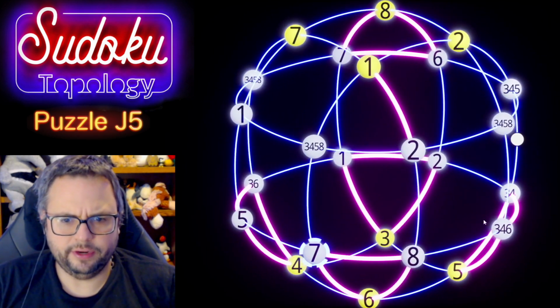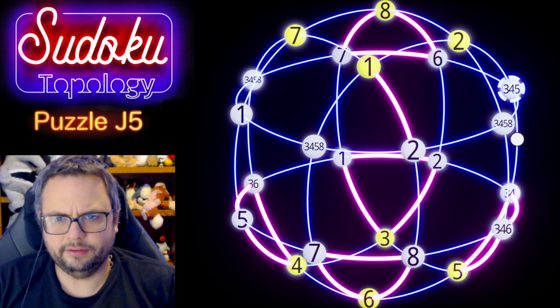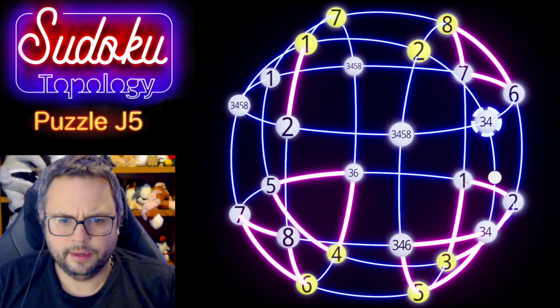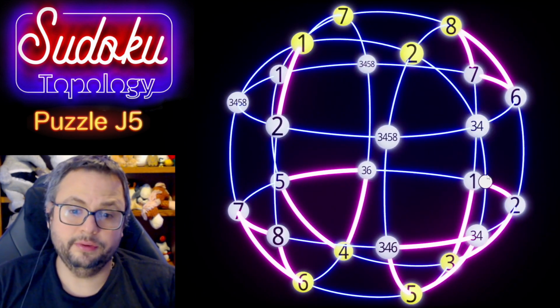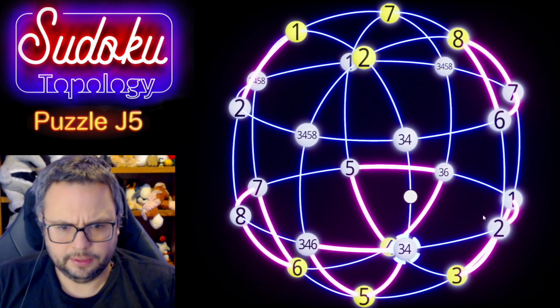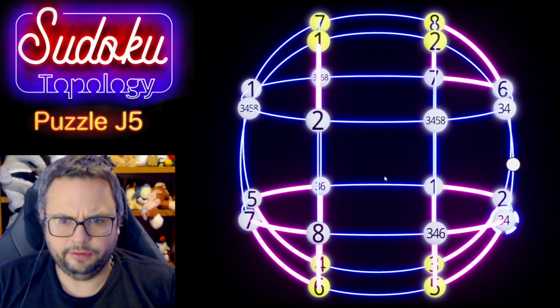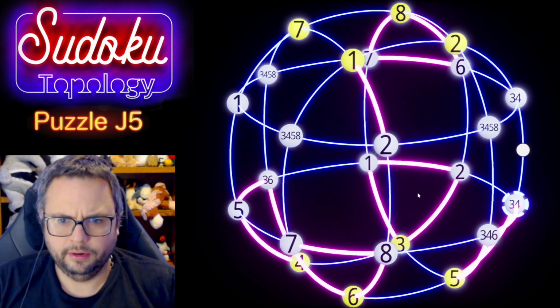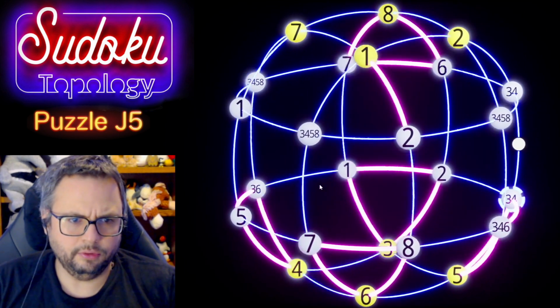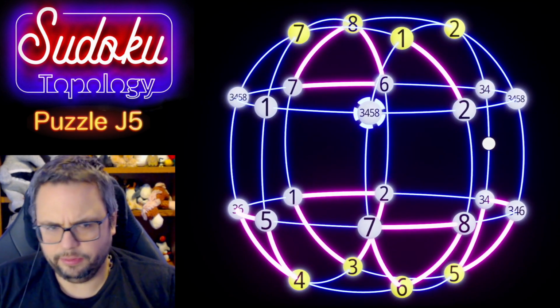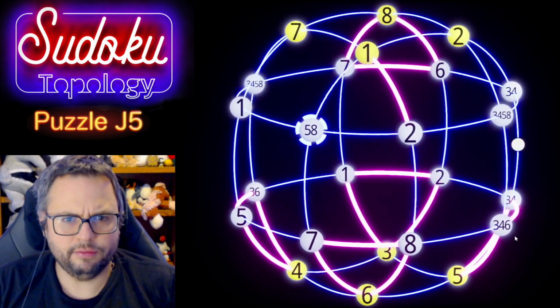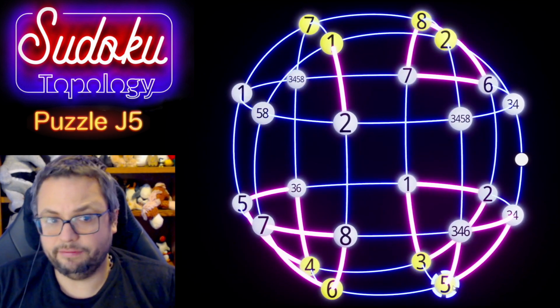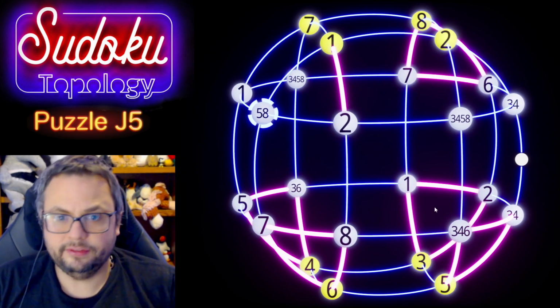Okay, so this region has a 5 now, so that's not 5. So these are a 3-4 pair. And so that 3-4 pair looks around the circle at this cell, which now can't be a 3 or a 4, so it's a 5 or an 8. Oh, and it's not 5 either. So this is an 8.